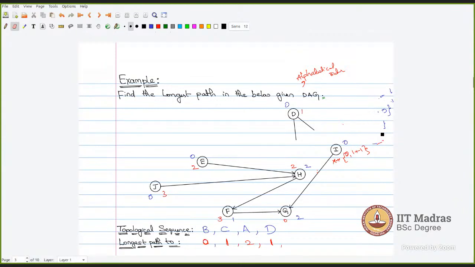Vertex D's longest path is only 1. The value of the longest path to D is 1. So 1 plus 1, this will be 2. So max of 0 comma 2 will be 2. Correct? So we remove D.